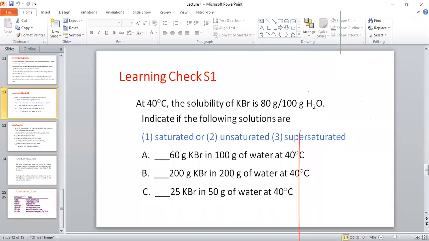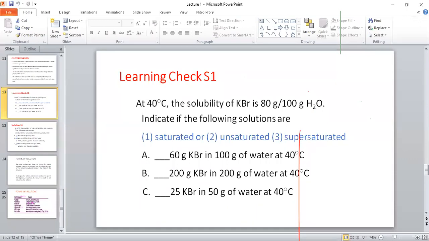At 40 degrees centigrade, the solubility of potassium bromide is 80 grams per 100 grams of water. To make it clearer to you, before you answer this, let me explain what solubility is.